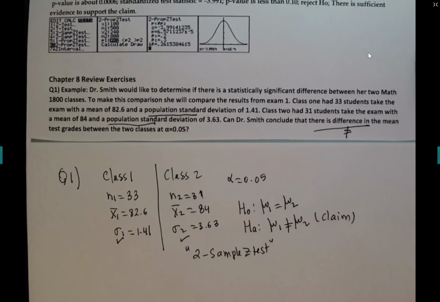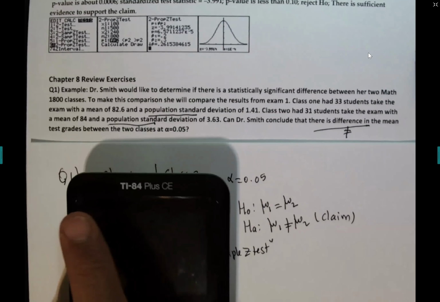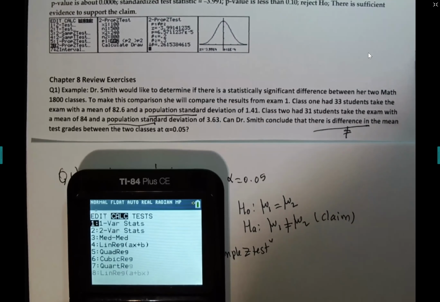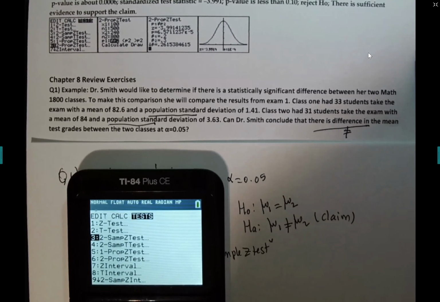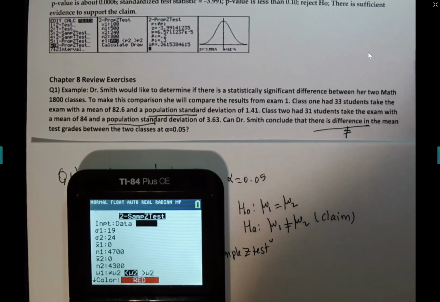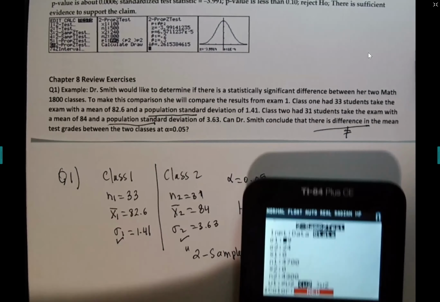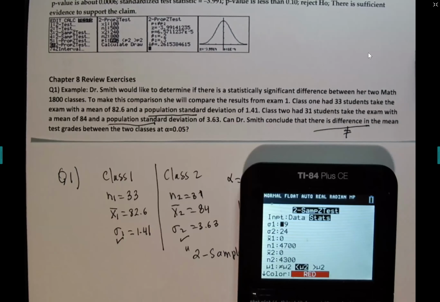So let's perform the test. It's number 3. Okay, stats, sigma 1, let's just copy the results. Sigma 1, guys, is 1.41, and now you need to copy sigma 2, 3.63.